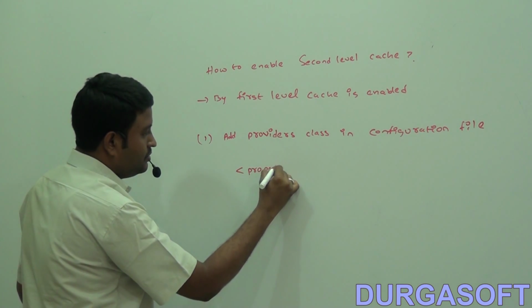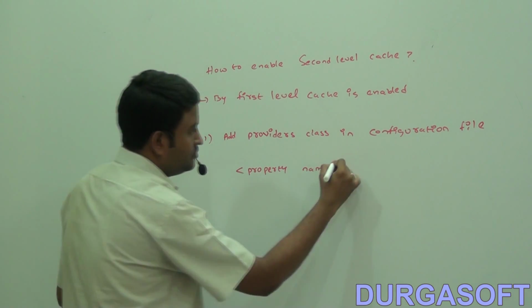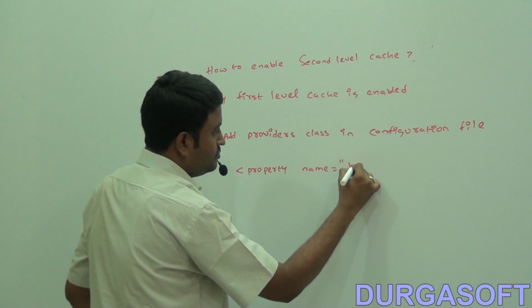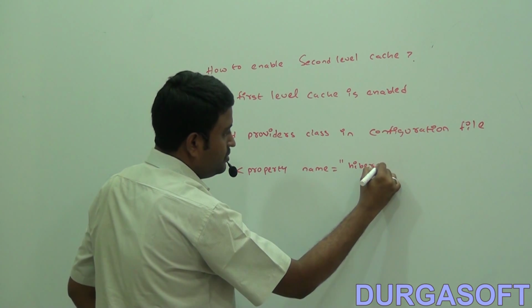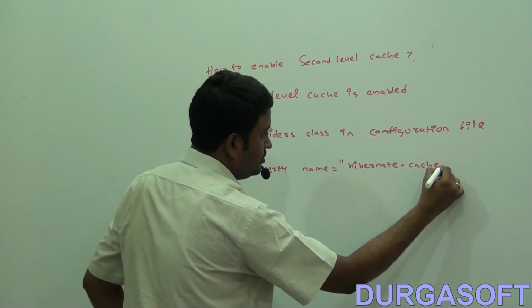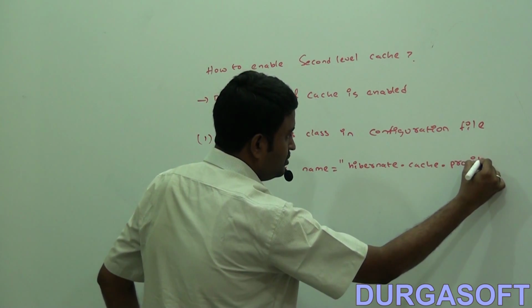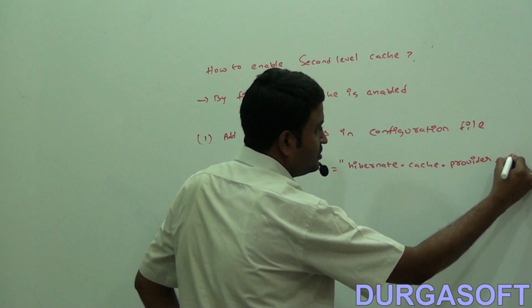Property name equal to hibernate.cache.provider_class.